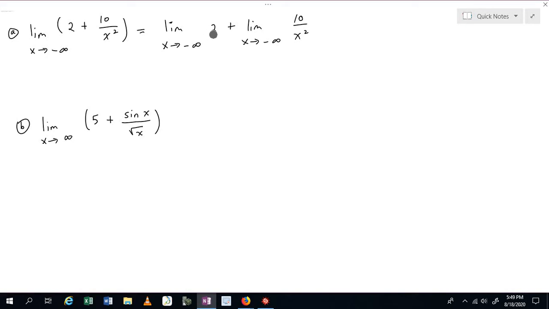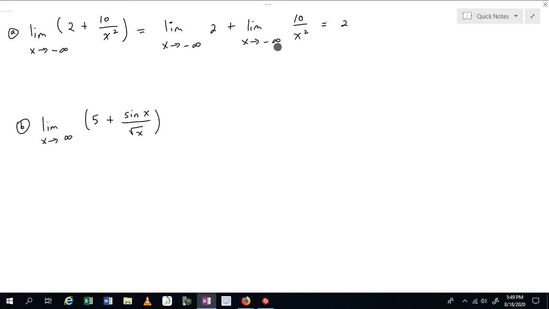Okay, of course this limit's just equal to 2, because as x approaches negative infinity, the output for this function is always 2. But what about the limit of this function? Well, as x is approaching negative infinity, the bottom piece down here, the magnitude of it is just getting larger and larger. So for example, if I were to plug in negative 10, squared is 100.